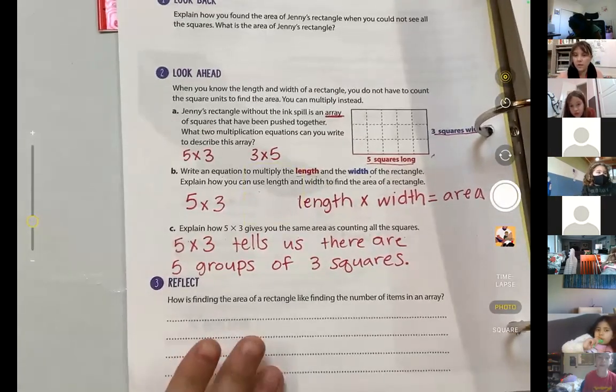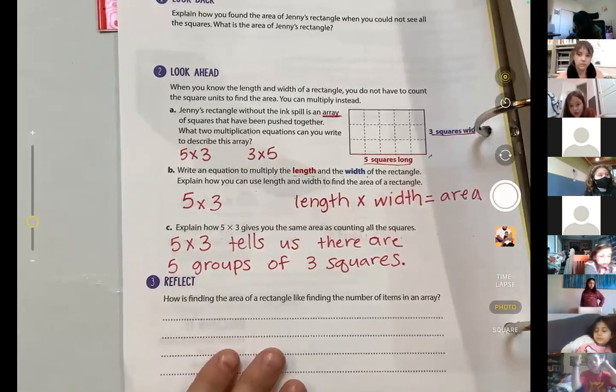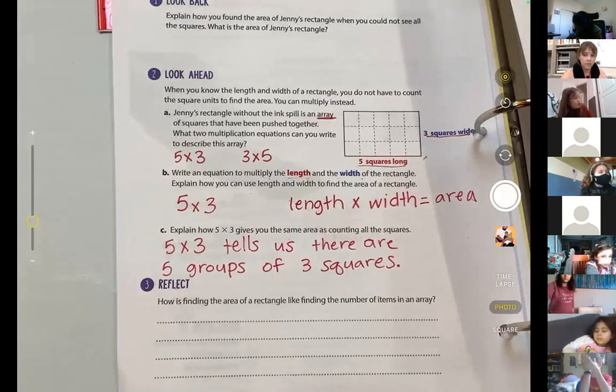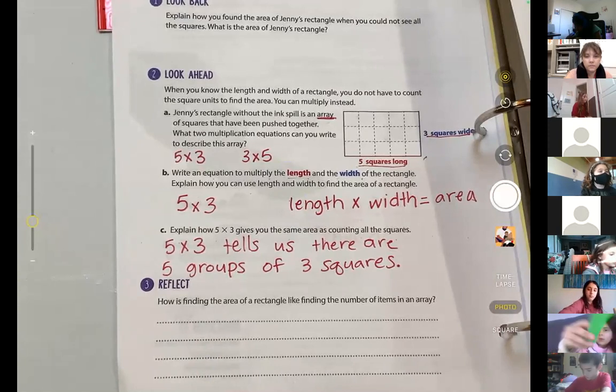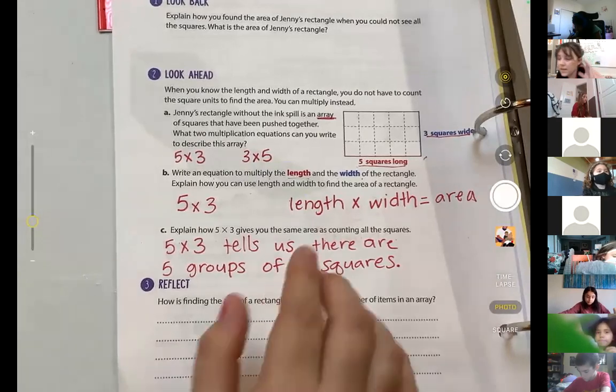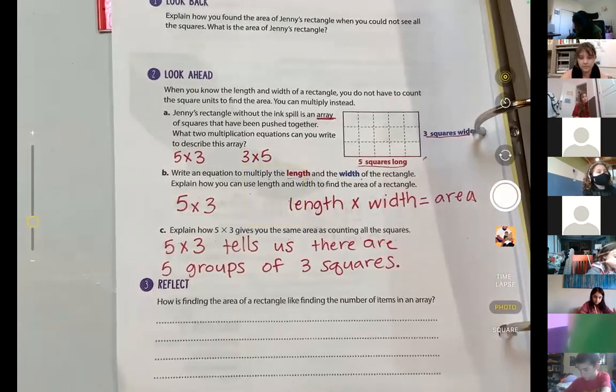What do you think? Think about it, try and write an answer. I'm gonna give you a minute to try first, and then I'll put my explanation. So how is this just like an array? What do you think?